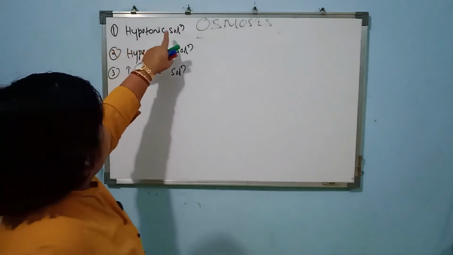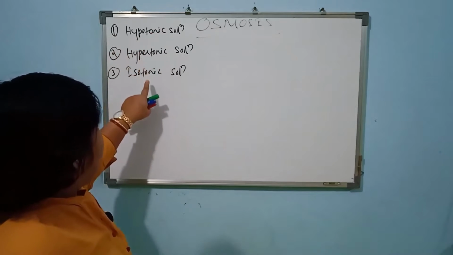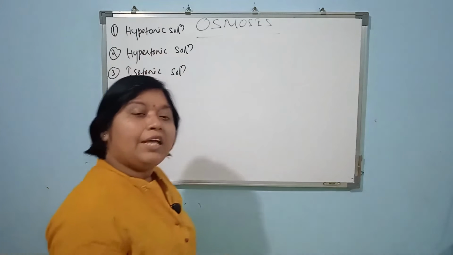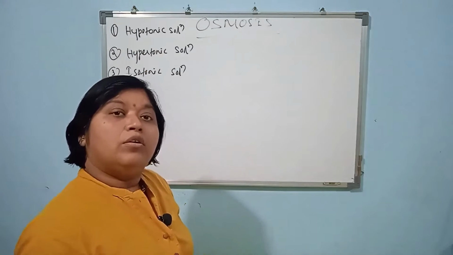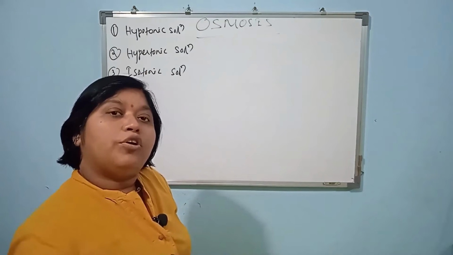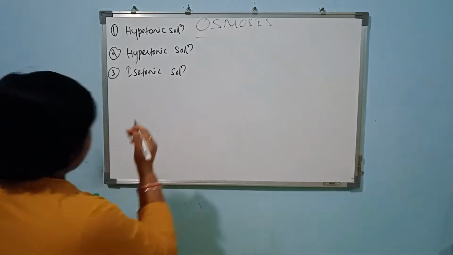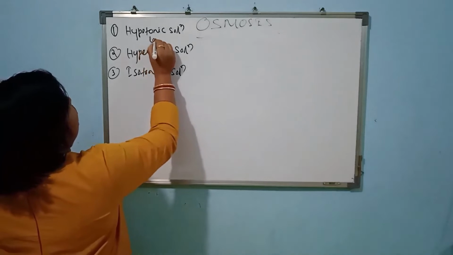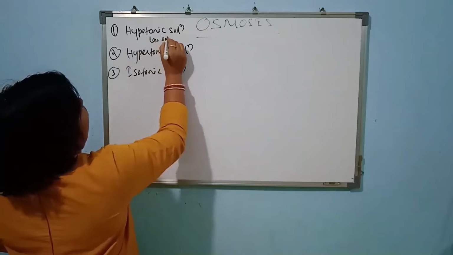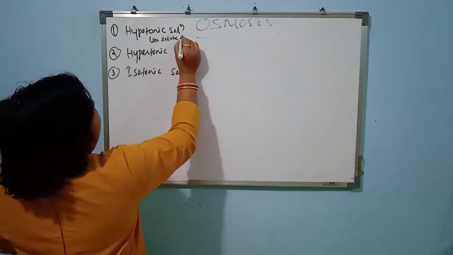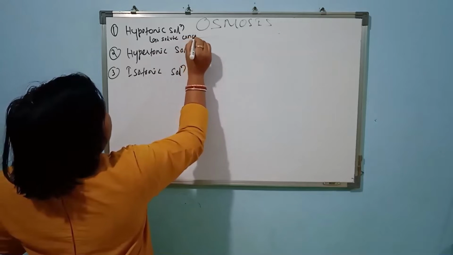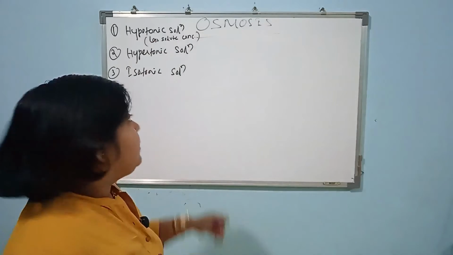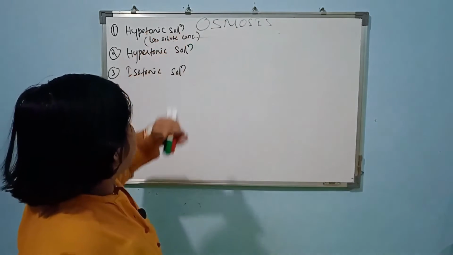Hypotonic, hypertonic and isotonic solutions are named as per their concentration compared to another solution or cell. If one solution has less solute concentration compared to the other solution or cell, this solution is named as hypotonic solution.